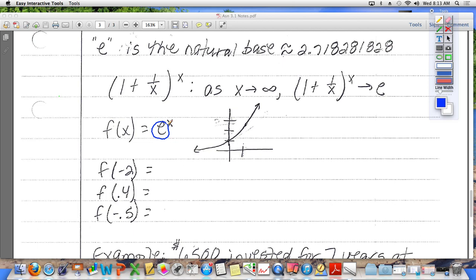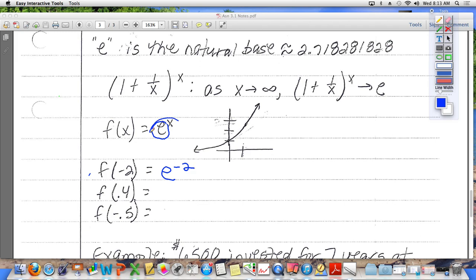We talked really quickly yesterday about how all you had to do was type into your calculator second ln. So if you are calculating f of negative 2, all you're doing is taking e and putting it to the negative 2 power.